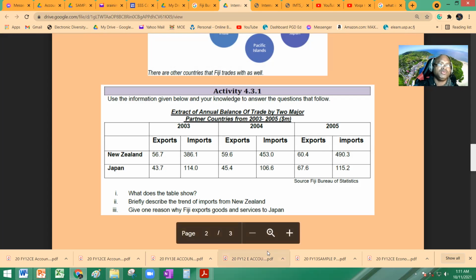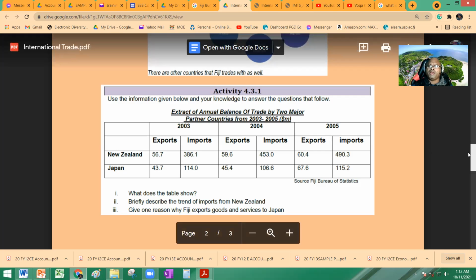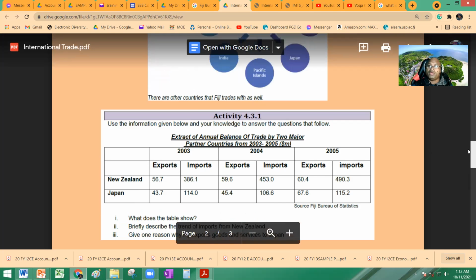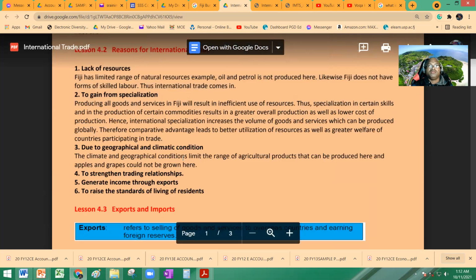Okay, Roman number 3. Give one reason why Fiji exports goods and services to Japan. Why do we export goods and services to Japan? Well, we can get the reason from here. One of the reasons could be, number 1, due to lack of resources.